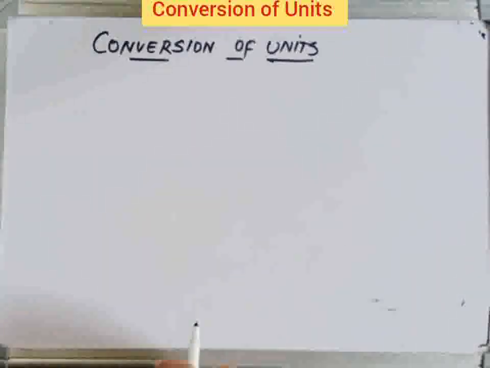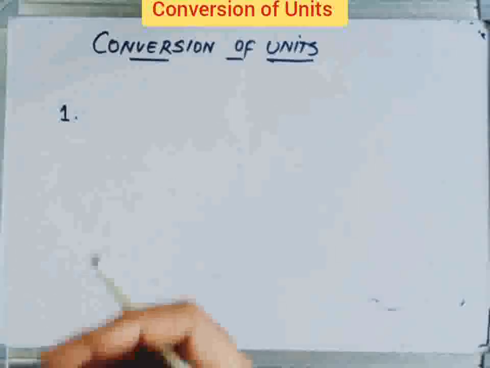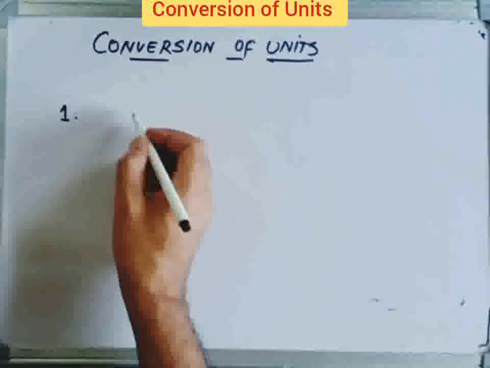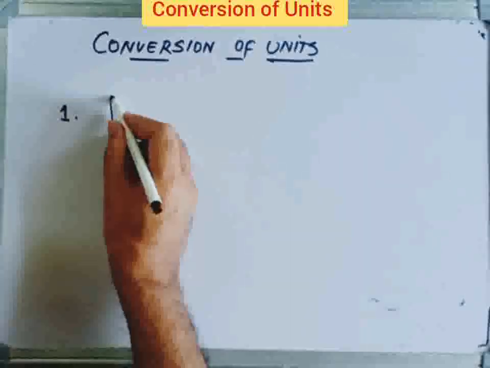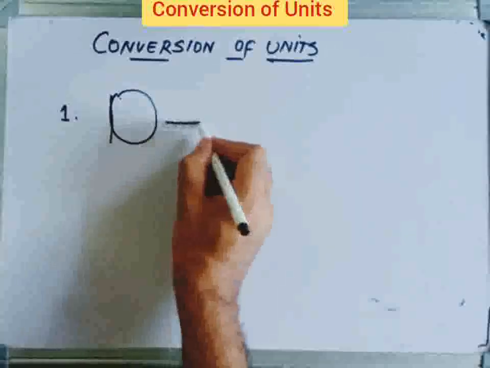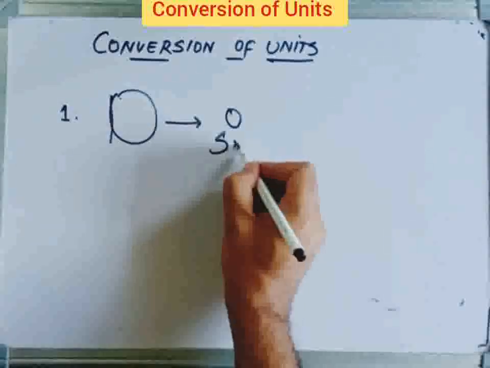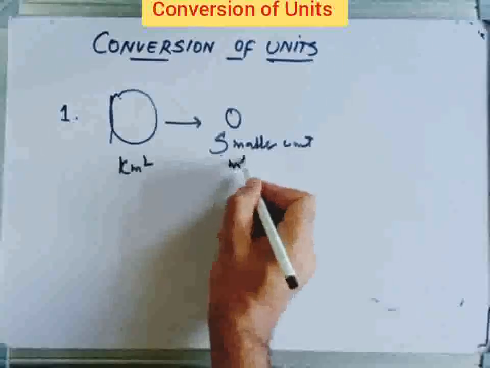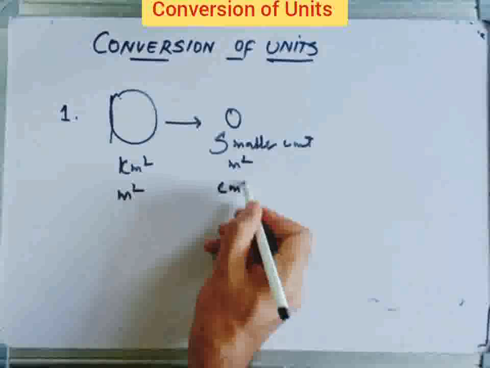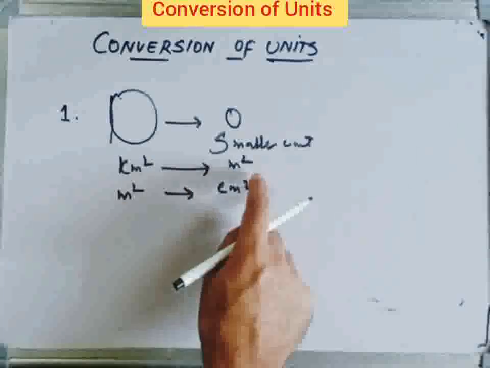There is another important thing to remember: when we convert a unit of area to a smaller unit, for example kilometer squares into meter squares, or meter squares into centimeter squares, we are converting bigger units into smaller units.